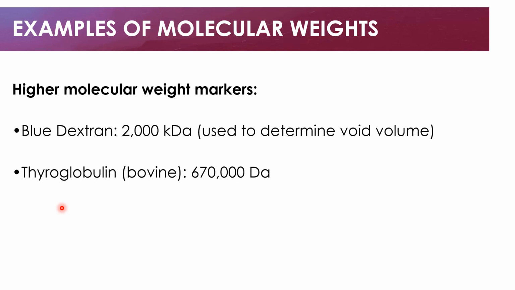And finally, we have the higher molecular weight markers, and these are some of the examples. So these are basically some of the molecular weight markers that are used to determine the molecular weight of unknown molecules in chromatography.